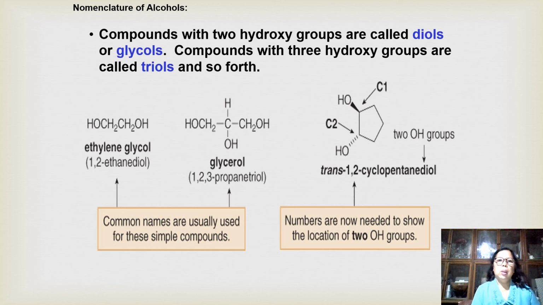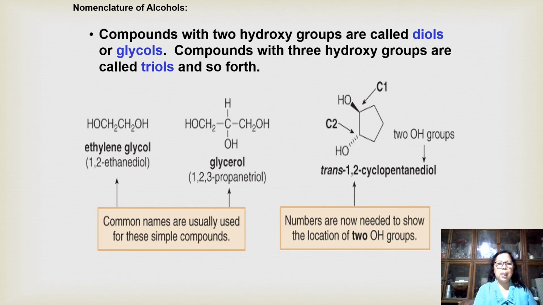Okay. The diols are also referred to as glycol. So in this case, you have the ethylene glycol. But the scientific name, the IUPAC name, is this one. So you have also here glycerol. Okay, there are 2 carbons here, so ethane, ethylene glycol.